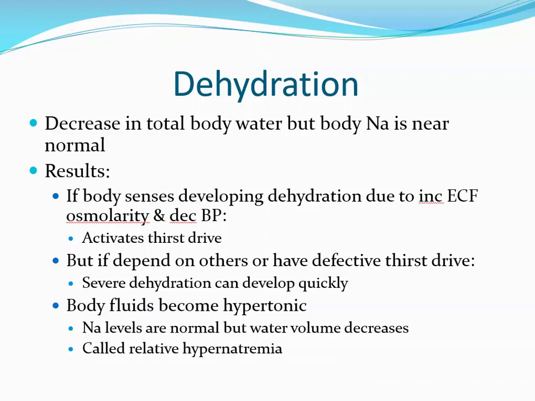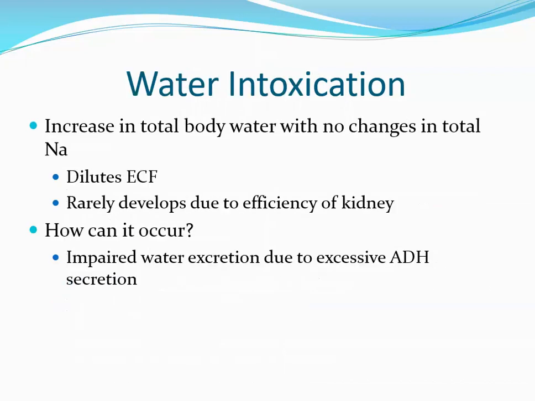Body fluids soon become hypertonic. Remember, sodium levels are near normal, but water volume has decreased. This condition is referred to as a relative hypernatremia, high sodium levels. The effect is due to water loss, not a true sodium increase. Hence, it is given the term relative.